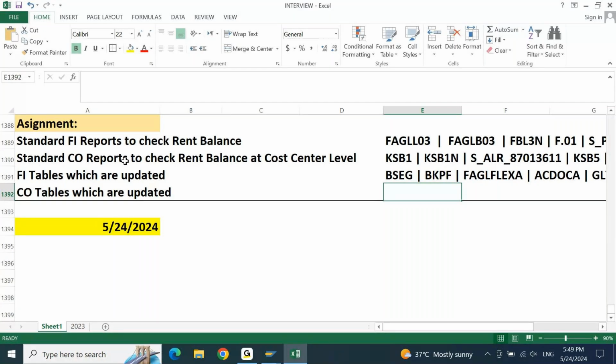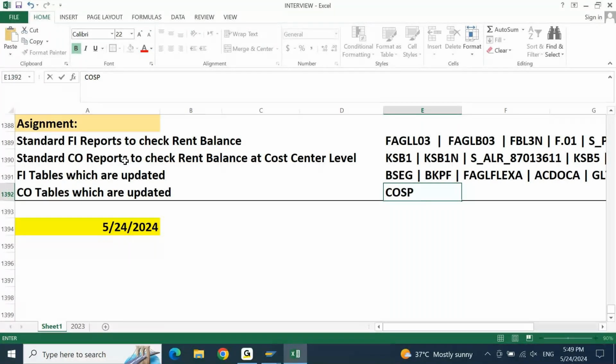What is it? CSKS. CSKS is related to the table, the master data. We're talking about a transaction. COSP. COSP, is this correct? Yes, sir. Correct.